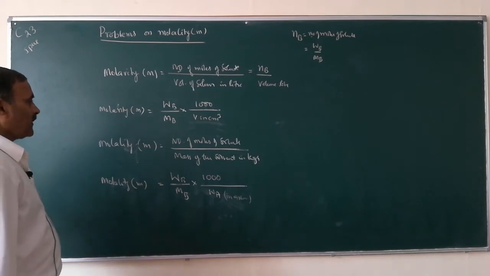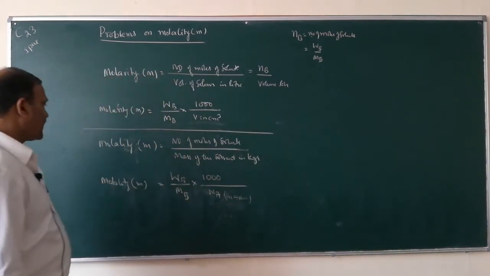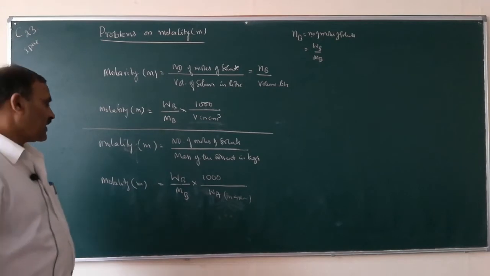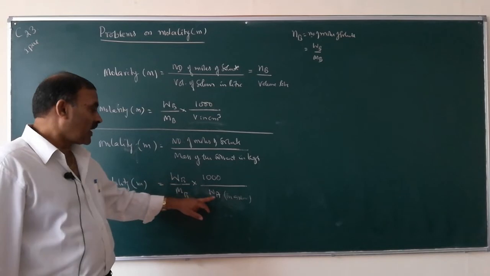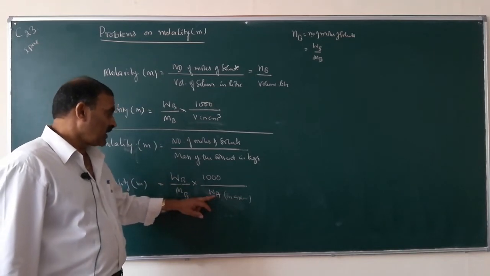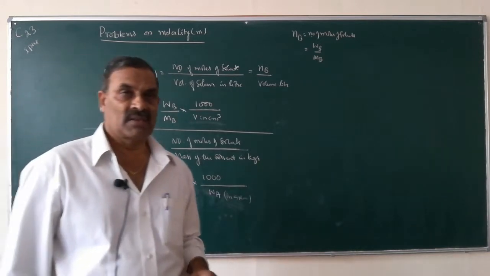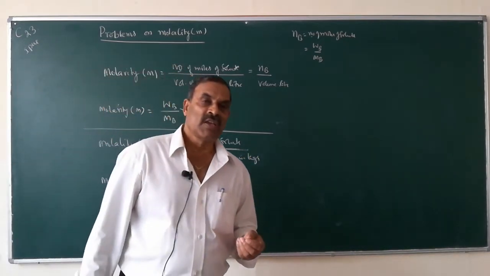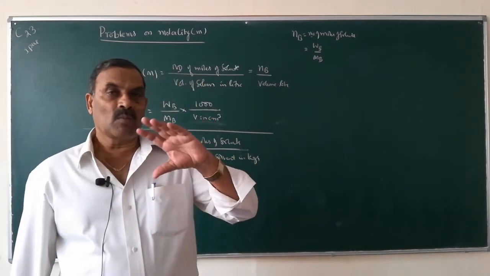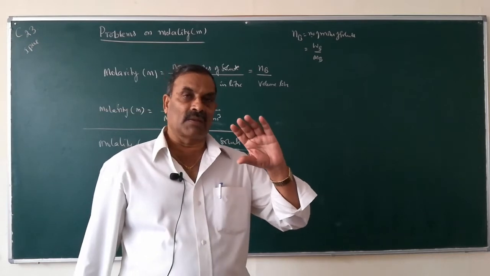So similarly, coming to important notes in molality, if 1 mole of solute is dissolved in 1 kg of the solvent, the solution obtained is called 1 molal. What is 1 mole of solute?